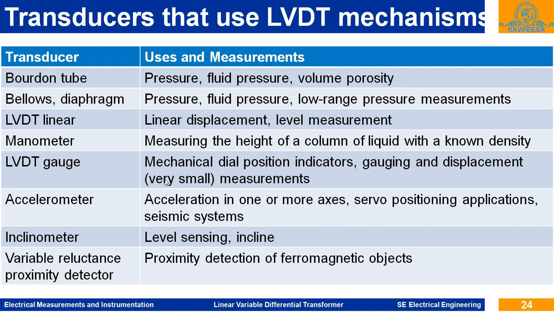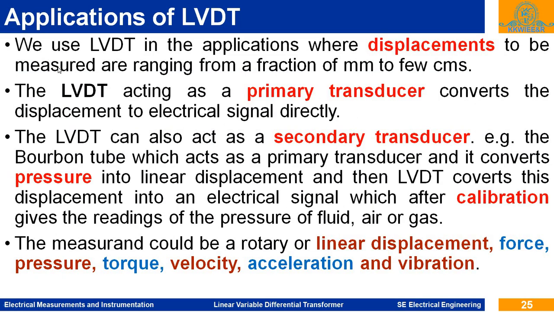So by using this LVDT with the primary type of transducers, we can measure this number of physical parameters. We use the LVDT in applications where the displacement to be measured ranges from a fraction of a mm to a few centimeters.